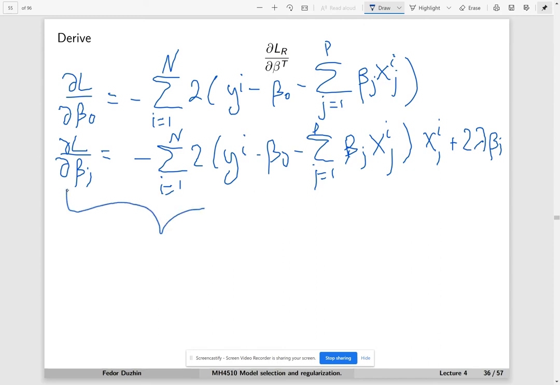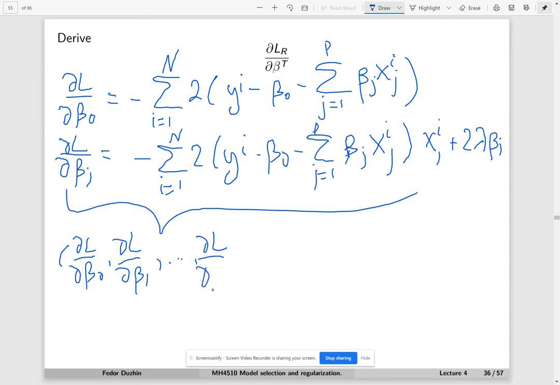Now we are going to combine these together into a matrix form, right? So if we form the vector dL/dbeta 0, dL/dbeta 1, and so on up to dL/dbeta p, we're going to get this, as you can hopefully easily check.